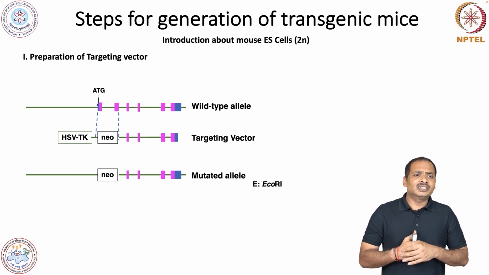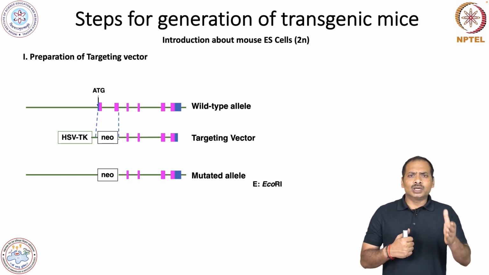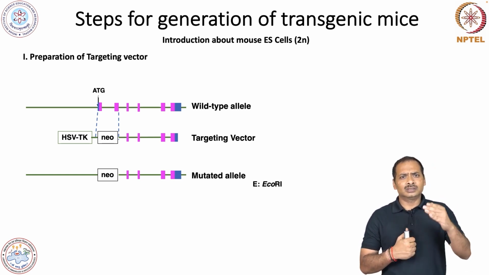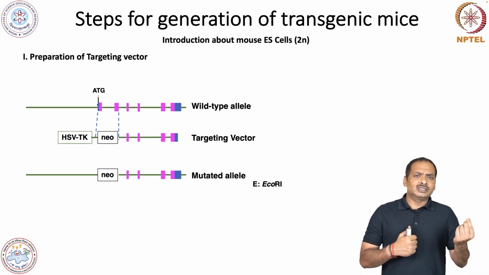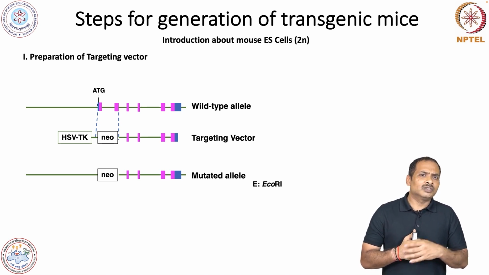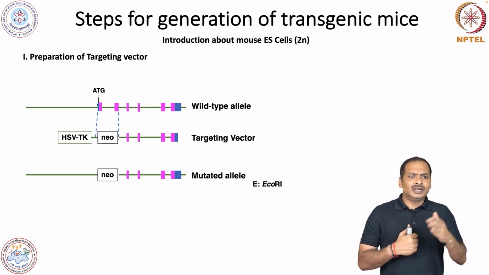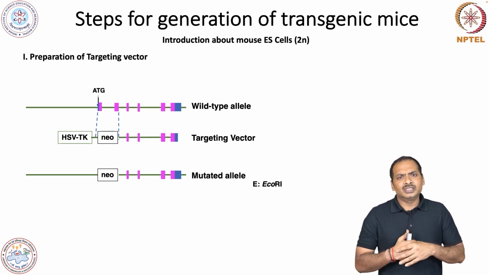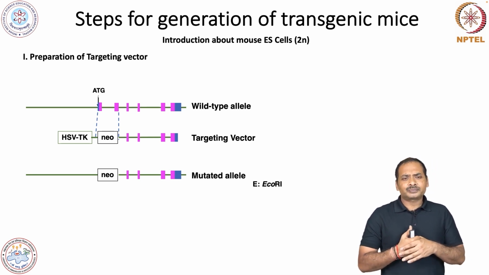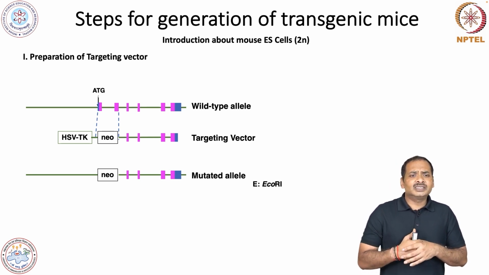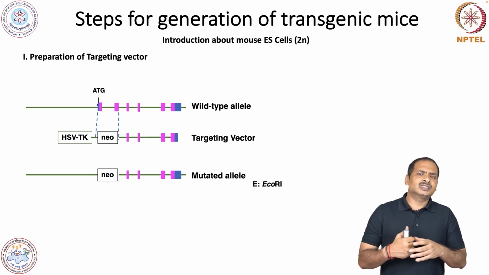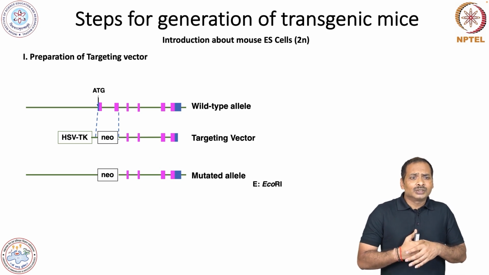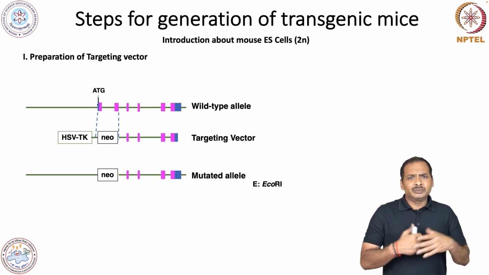You can see a blue color box just upstream to the ATG, and this blue color is for the 5' UTR. The pink color boxes represent the exons, and there is a blue color box towards the end, which is the 3' UTR. So, this is a genomic arrangement of some gene.